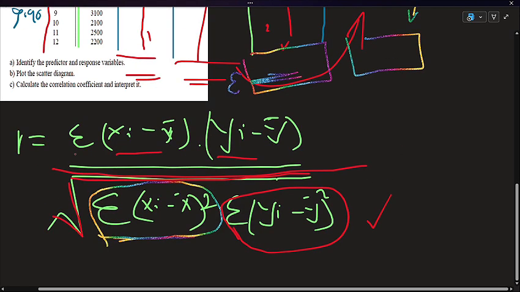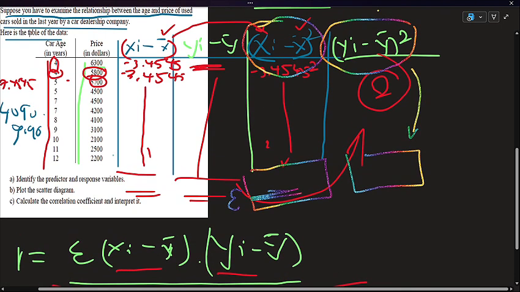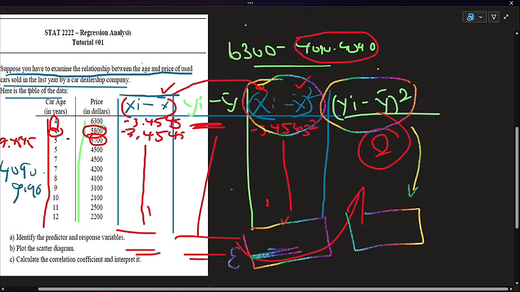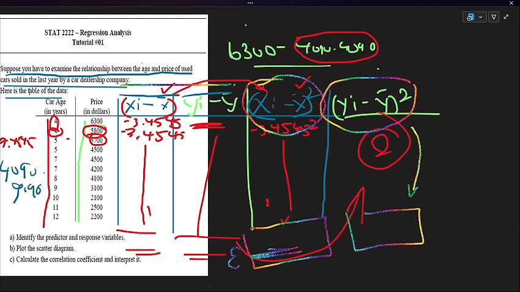Now the top line, the top elements in the line. xi minus x bar is okay because we already found that value, so add it up here. Then the yi minus y bar values are all here. Now only one thing we have to do. We have these two columns, we have to multiply them and make another column.